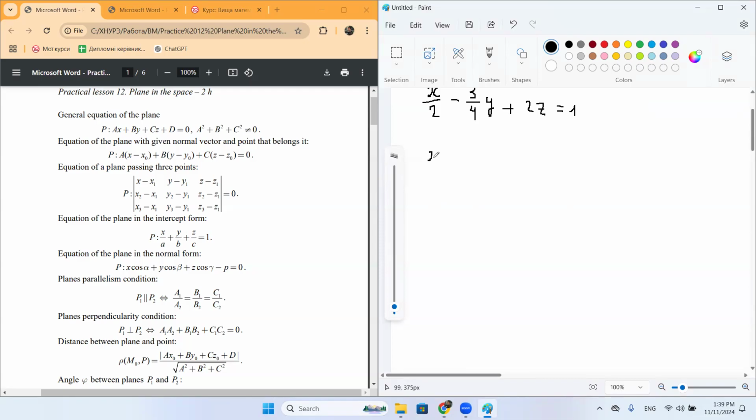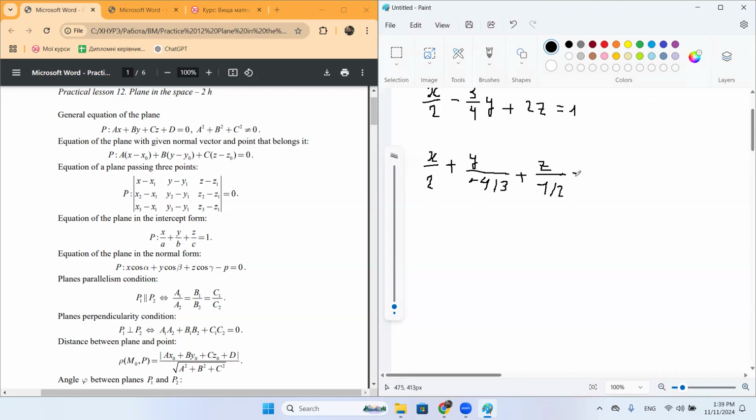And now rewriting the equation just to understand the intercepts. So y divided by minus 4/3 plus z divided by 1/2.